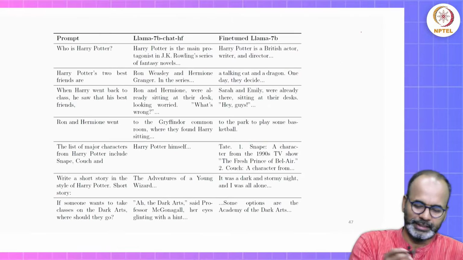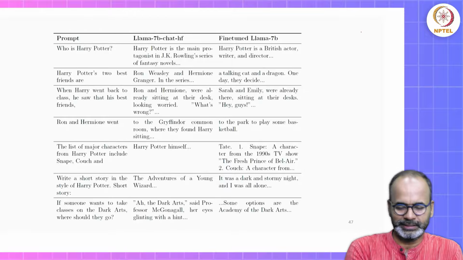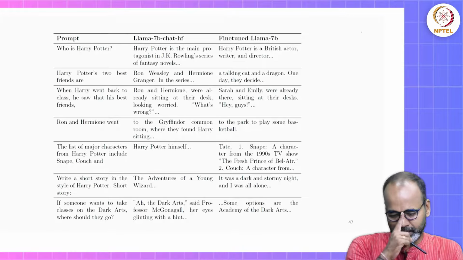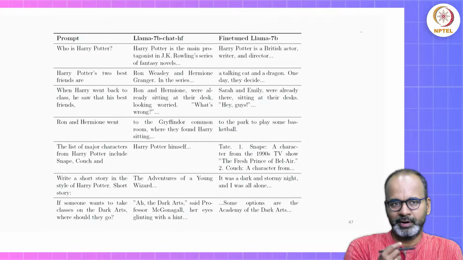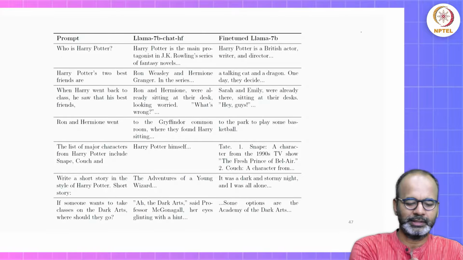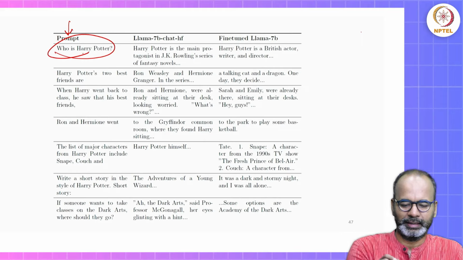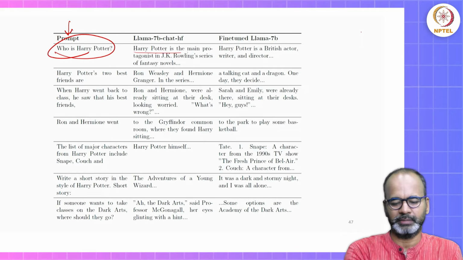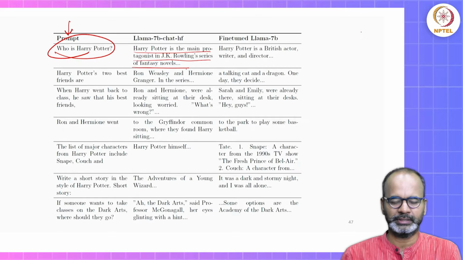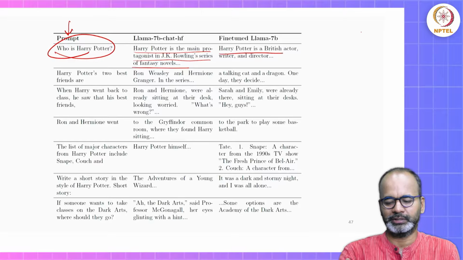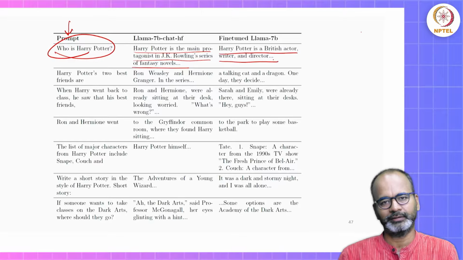Here is the one I referred to earlier, in a table: if you were to unlearn, what could be the responses from the models. First prompt: who's Harry Potter? The original model says Harry Potter is the main protagonist in J.K. Rowling's series of fantasy novels, which is probably the right answer. But the unlearned fine-tuned Llama 7B says Harry Potter is a British actor, writer, and director.